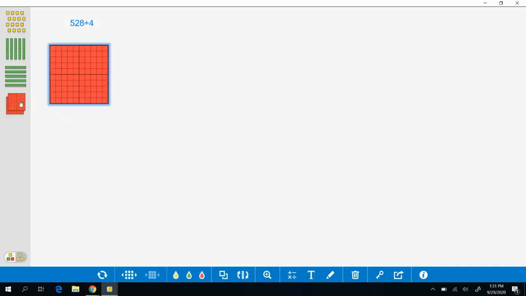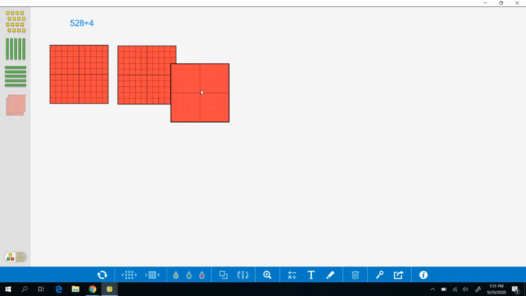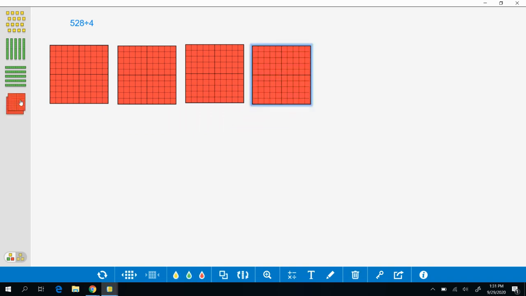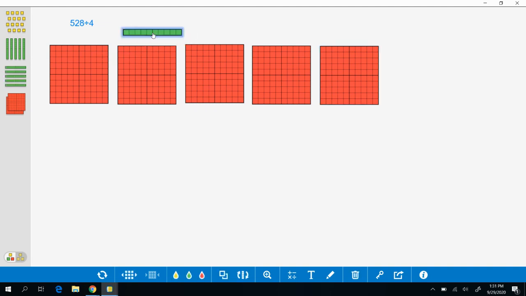And I've got 100, 200, 300, 400, 500. And if you can give yourself some space at the bottom for when we actually work it out, that can be helpful. And then I've got 20, so 10, 20, and then 8.